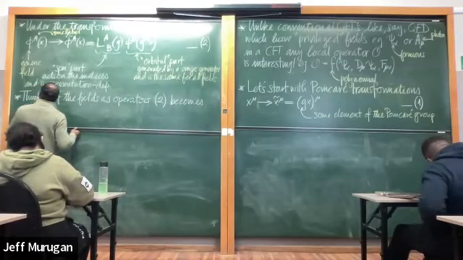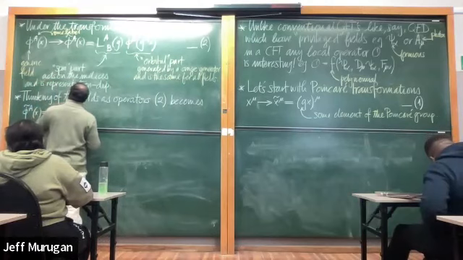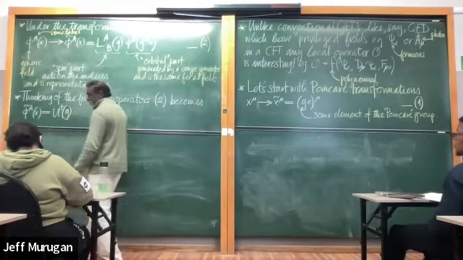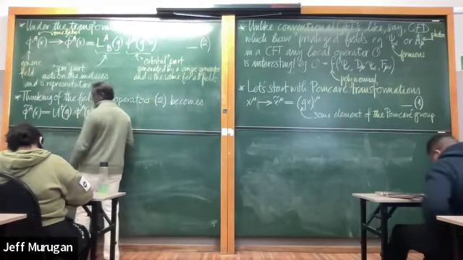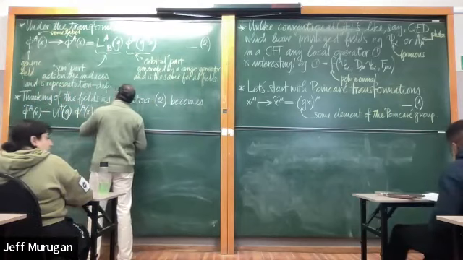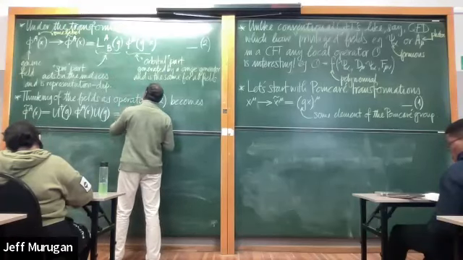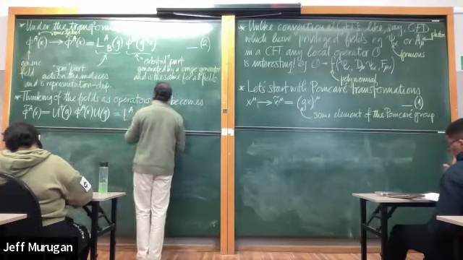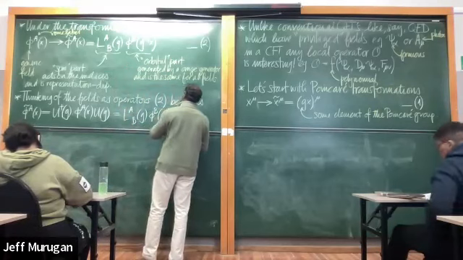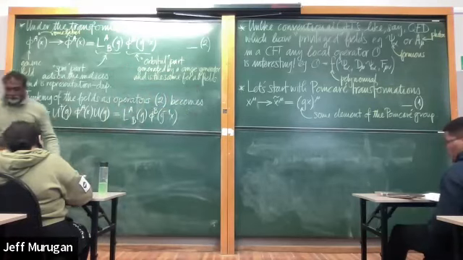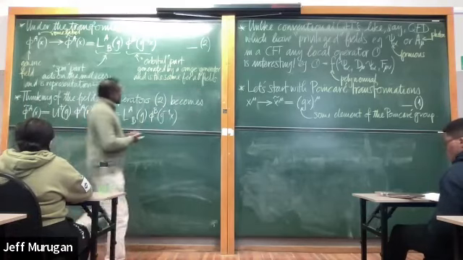Find phi tilde a of x is U of p dagger phi a of x U of p, and this must equal the right hand side, which can be L a b of p phi b of p inverse x. Okay, again, I want to unpack this. Let's call this 3.